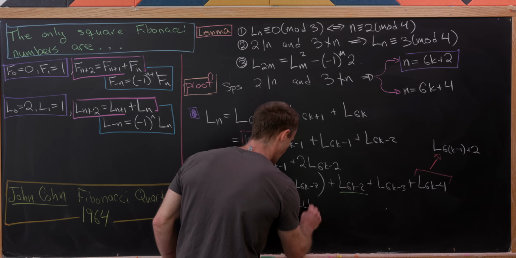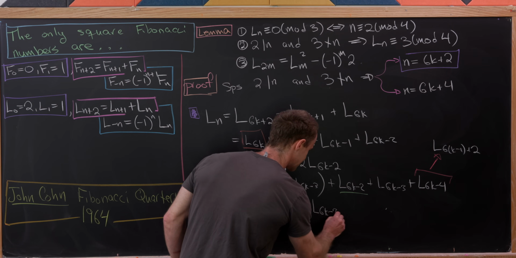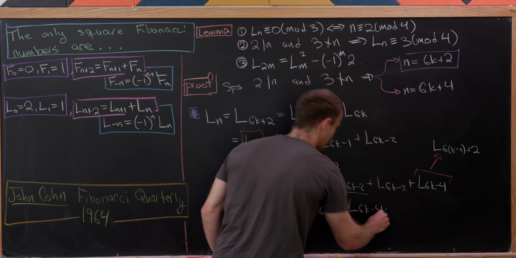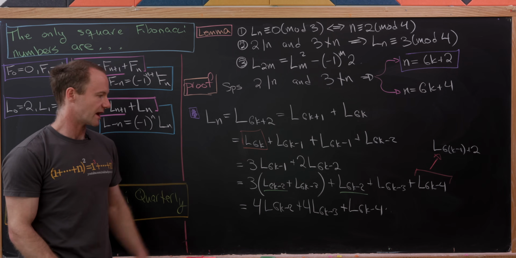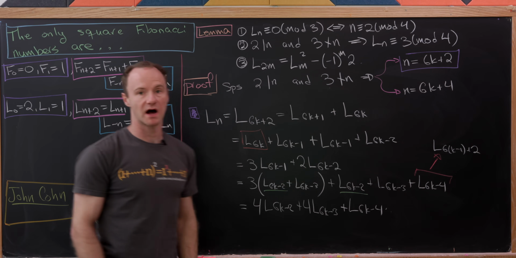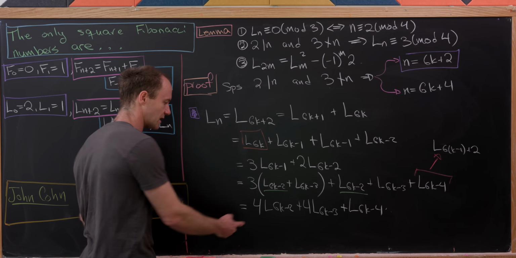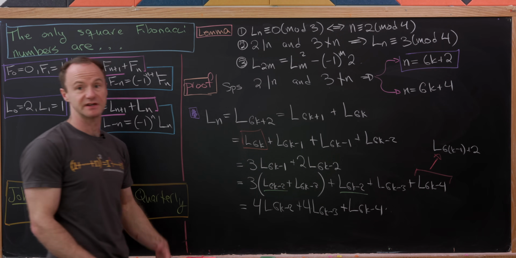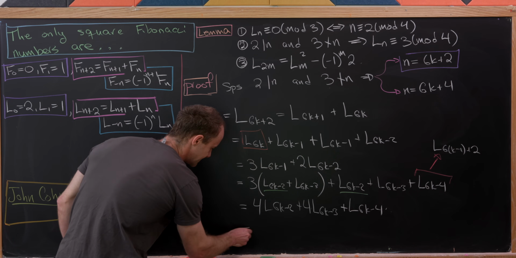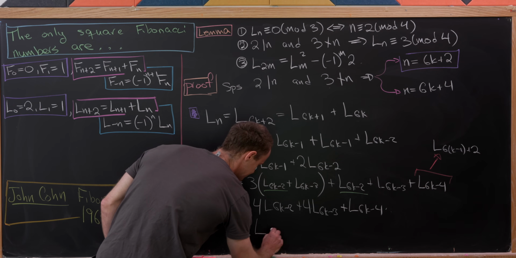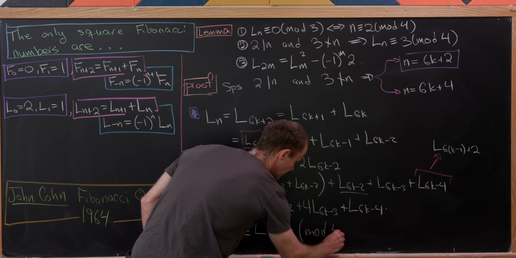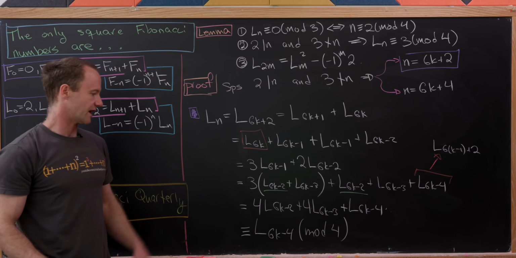So we've got 4 L 6k minus 3. And then finally this single L sub 6k minus 4. Okay, great. But now our final goal is to work mod 4. So reducing this mod 4, we'll get rid of these two terms because they have 4 multiplied into them. So this is all congruent to L sub 6k minus 4 modulo 4. Okay, great.